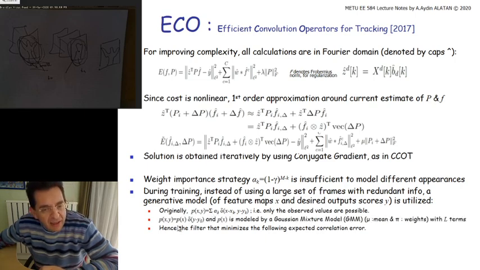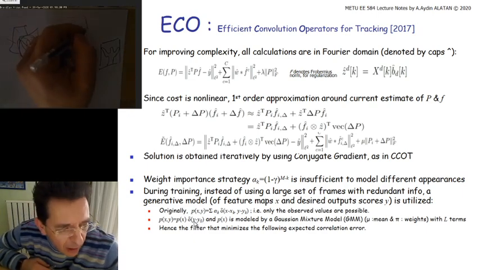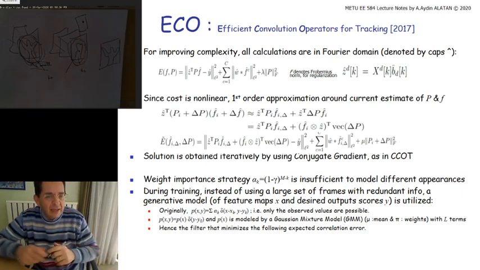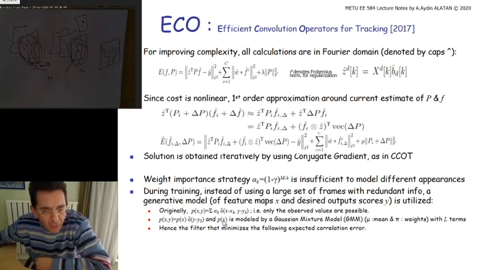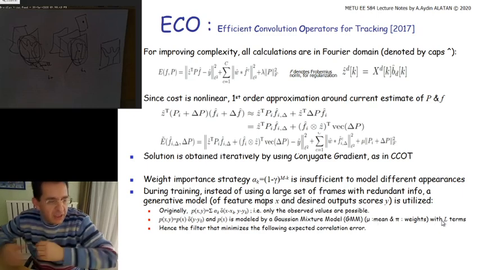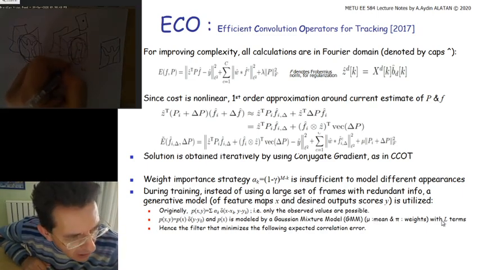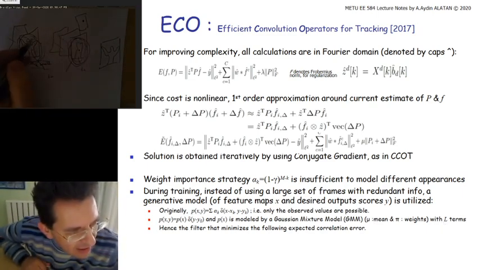The trick is, let's write this p of x, y as the appearance of the object times delta of y minus y0. First of all, y0 is nothing but the position of the object, and still let's use it as an impulse. But the p of x, let's model it using a Gaussian mixture model with L terms. In other words, this is the first appearance of the Gaussian mixture. This is the second appearance of the Gaussian mixture.